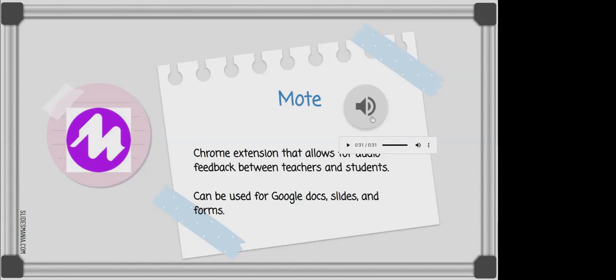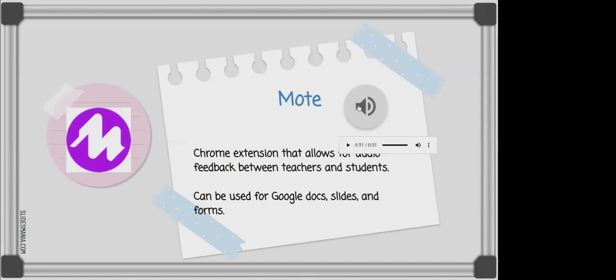Whenever they see a little, what's that called, like a loudspeaker button, they can click on that. You can also change that to be your face. When you make your Mote, you can change the tab to be your own face to show the students, and they would just know to click on Mrs. Warren, and then they can hear what is being said.